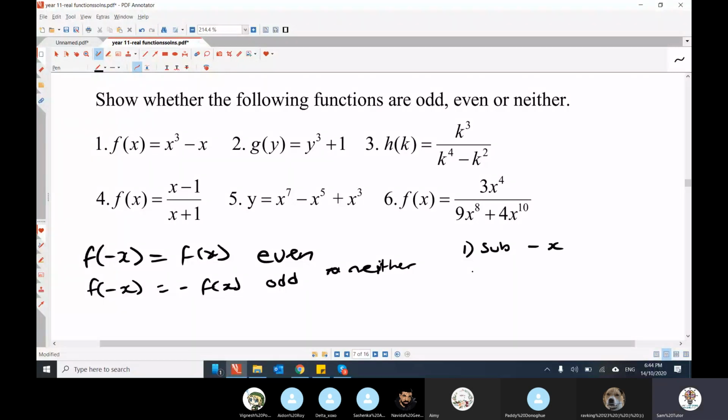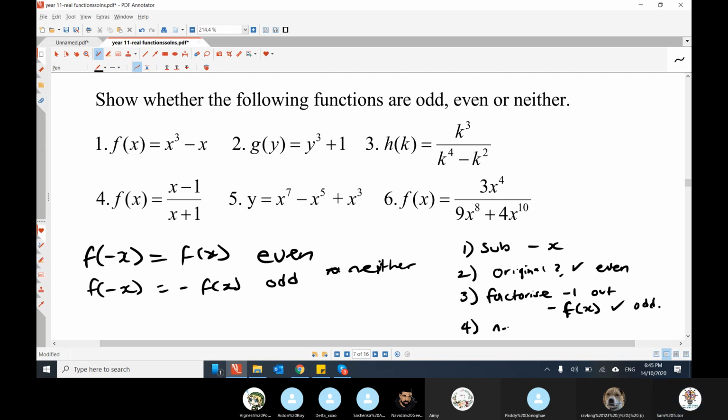Step 2, original? If yes, even. If not, go to step 3: factorize negative 1 out. If negative of the original, then yes, odd. And if not, neither.